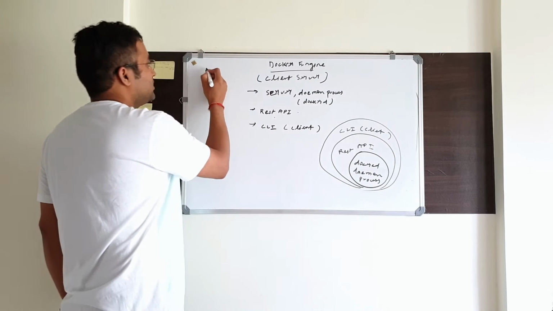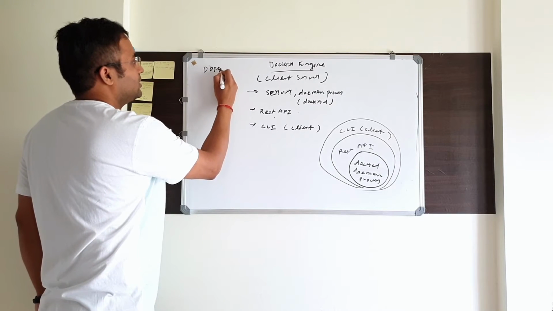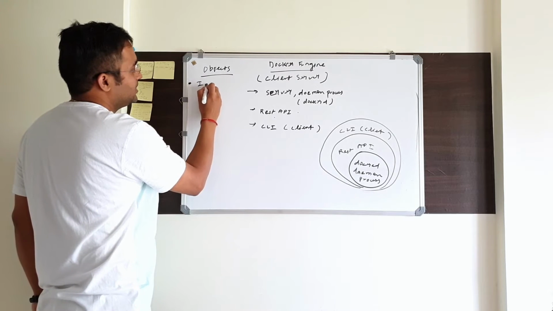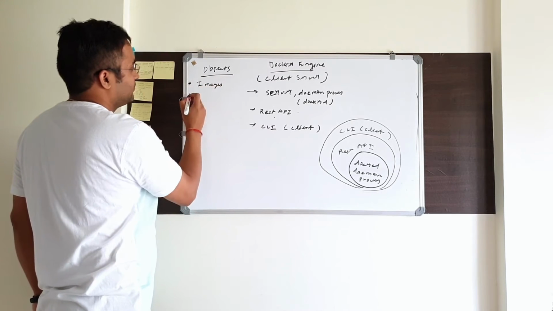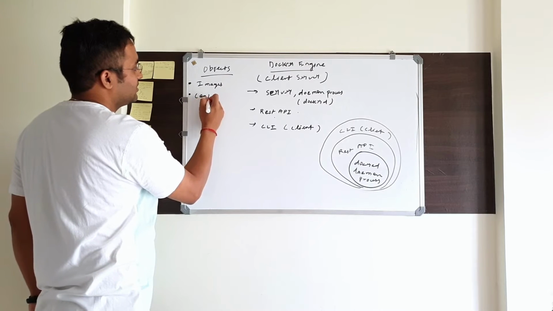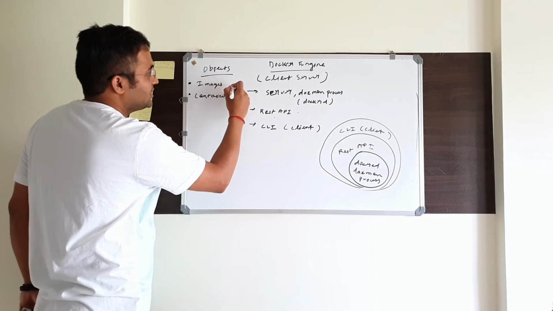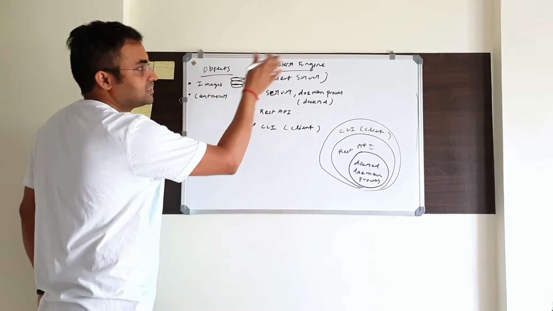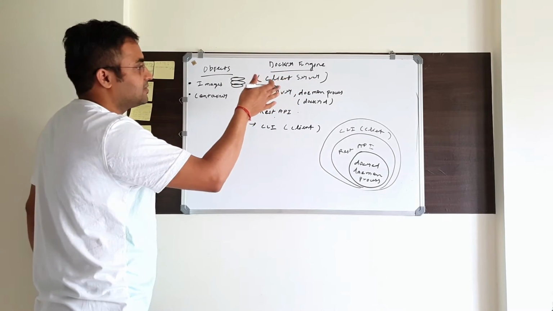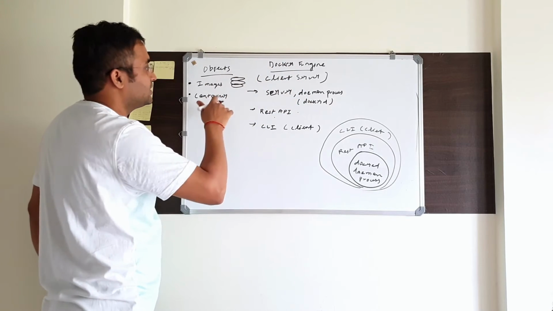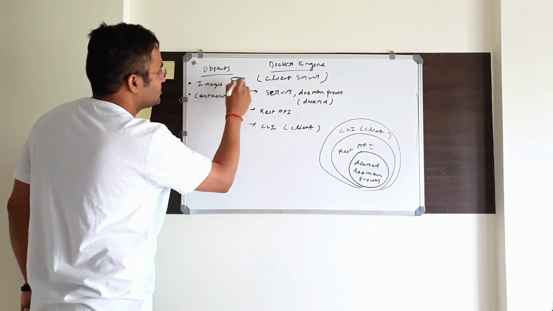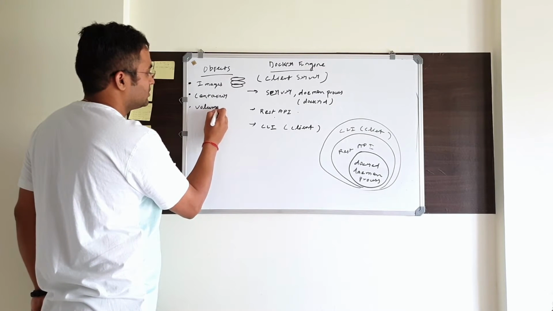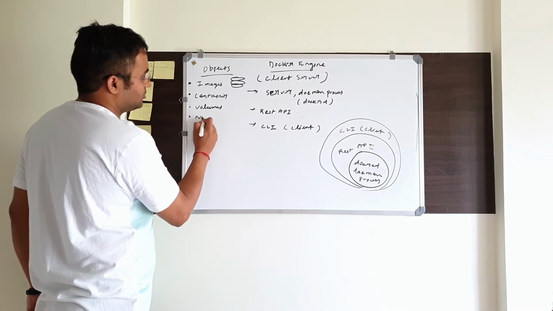So what are the different objects of Docker? I will just note them down here. One is called image, another is container. Here this layering concept is there. It uses the Linux file system, UFS, that we talked about in the previous video. So this is the layering concept. Another is called volumes, and the third one is called network.